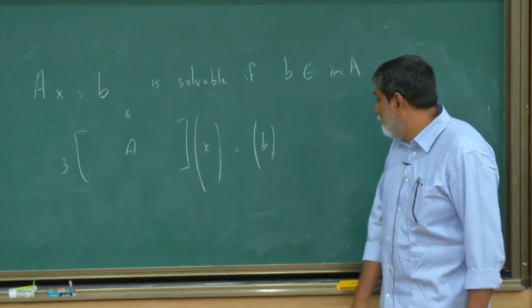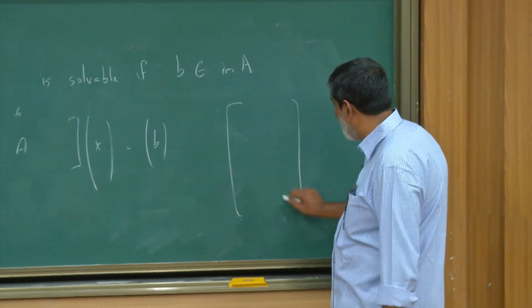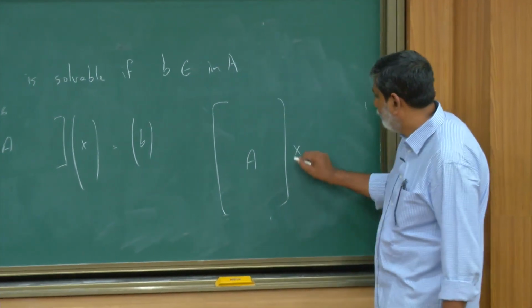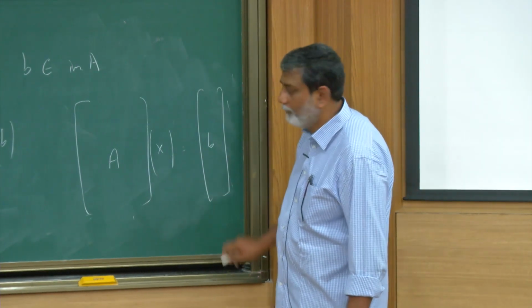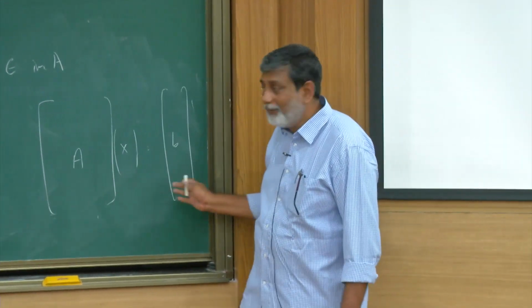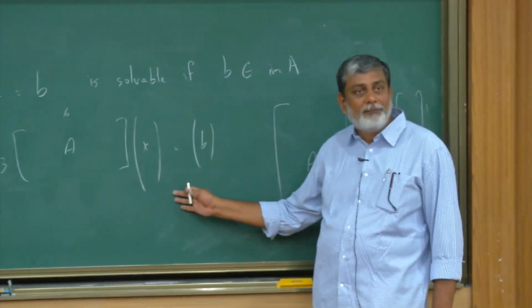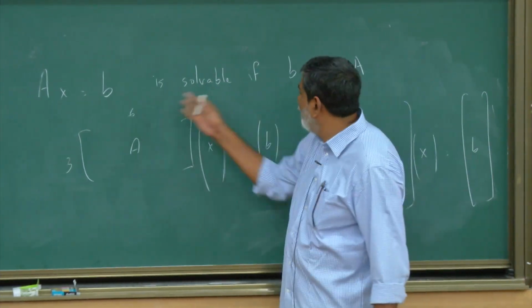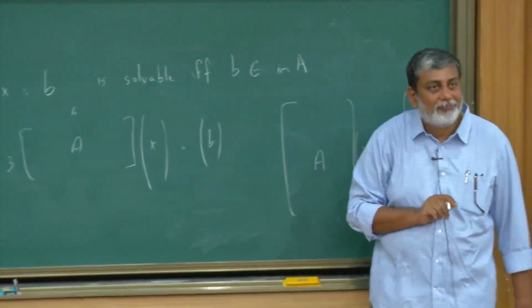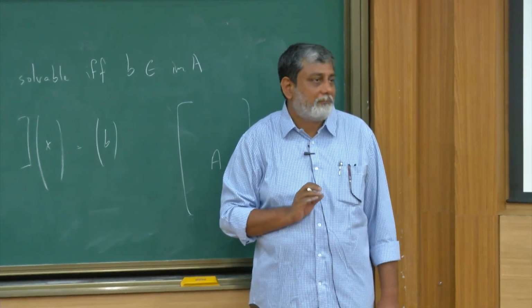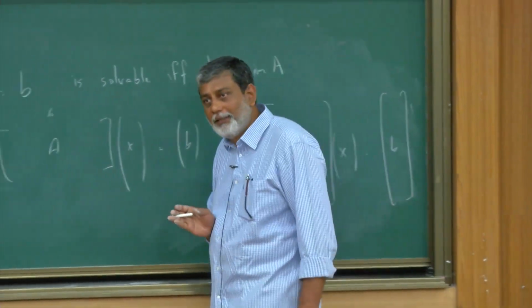That's one problem. A could look like that as well. Doesn't matter whether it's a problem like this or like that. It's solvable if and only if B is in the image of A.